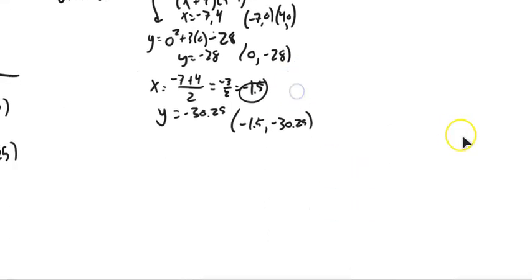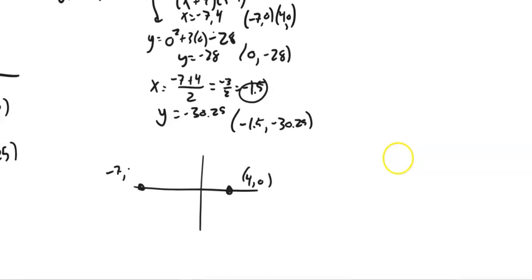Great. So if I wanted to graph this, I'm really just going to do a really rough sketch. So I'm going to say 4 is about here, negative 7 is about here. My shape's going to do something like this.